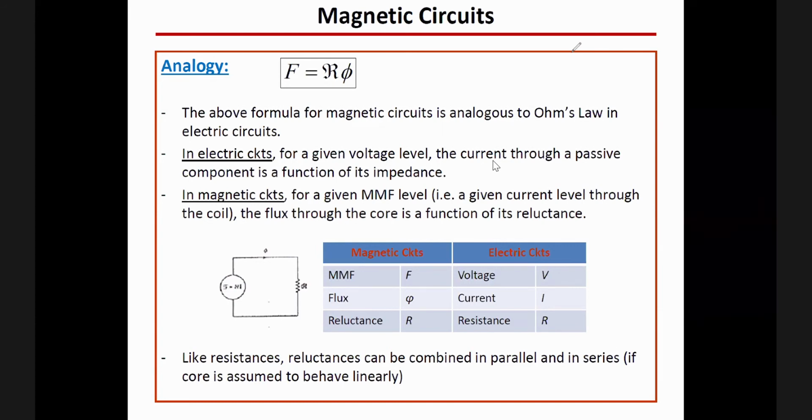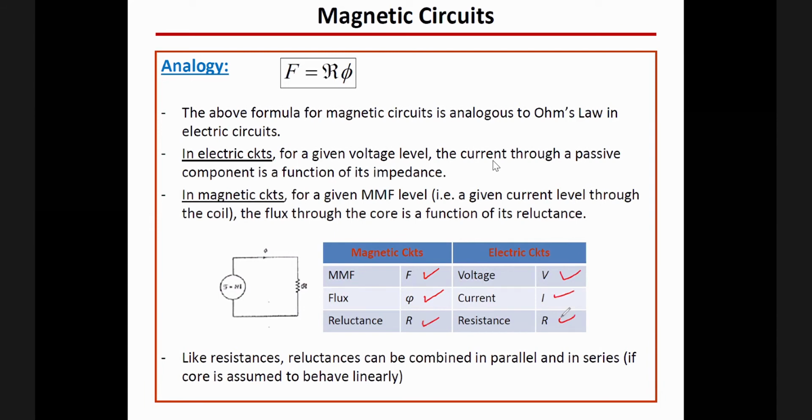Luckily, magnetic circuits behave like electric circuits, or let's say there is an analogy or relation between them, meaning that we can represent the magnetic circuit and deal with it similar to how we represent and analyze electric circuits, which is good. And if you remember, we discussed this last time by relating the MMF to the voltage, flux to the current, reluctance to the resistance.